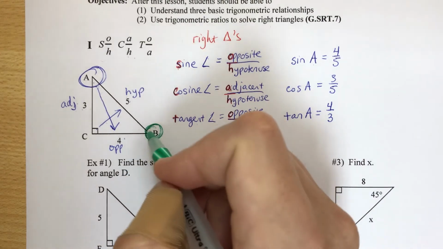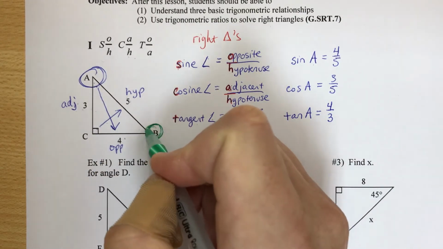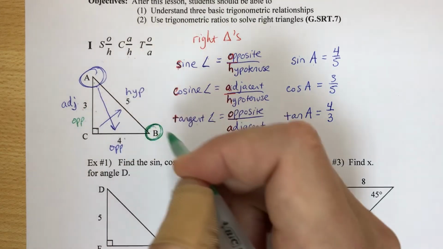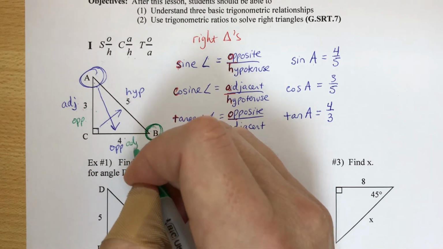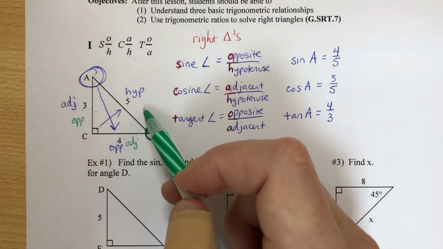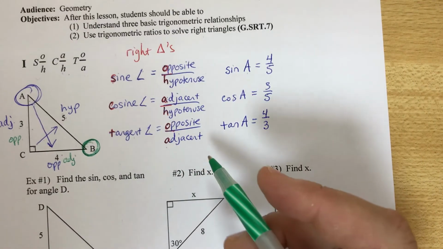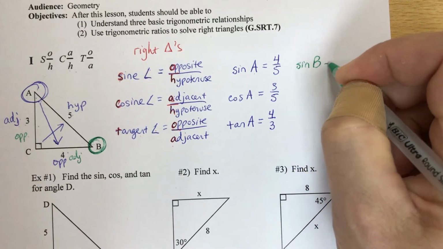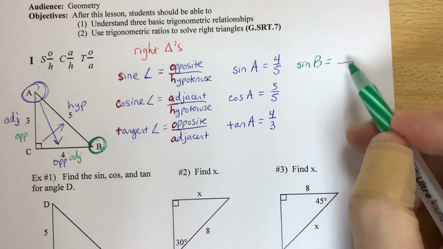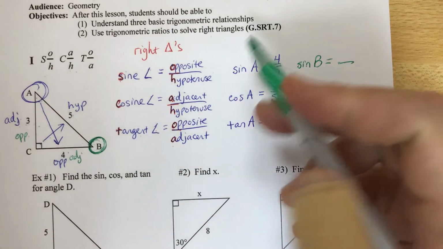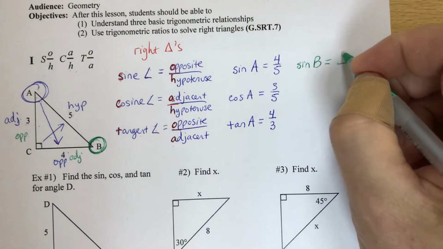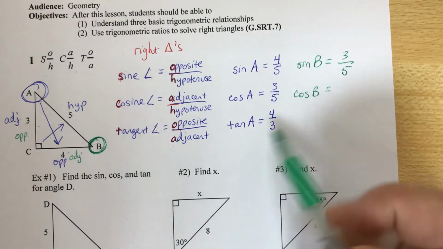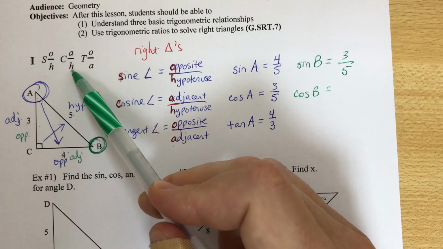If I had chosen angle B, the opposite length, opposite angle B, would have been the 3. So that would become my opposite. The 4 would be the adjacent. The 5 would still be the hypotenuse. Okay, but if I wrote down the sine of angle B, the two side lengths would be 3 over 5. Opposite over hypotenuse is now 3 over 5. The cosine of angle B, cosine is adjacent over hypotenuse.